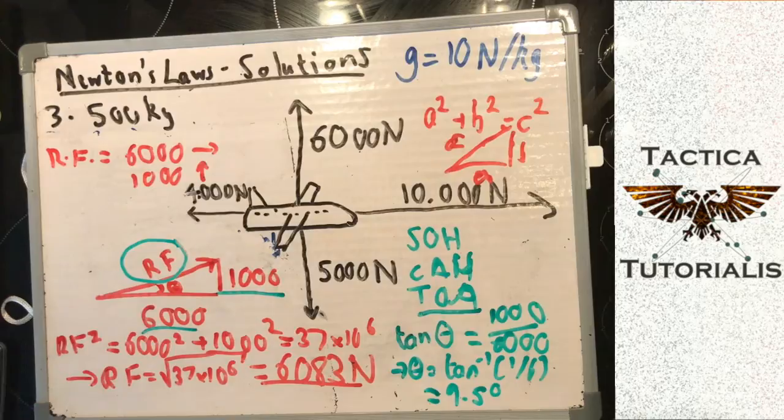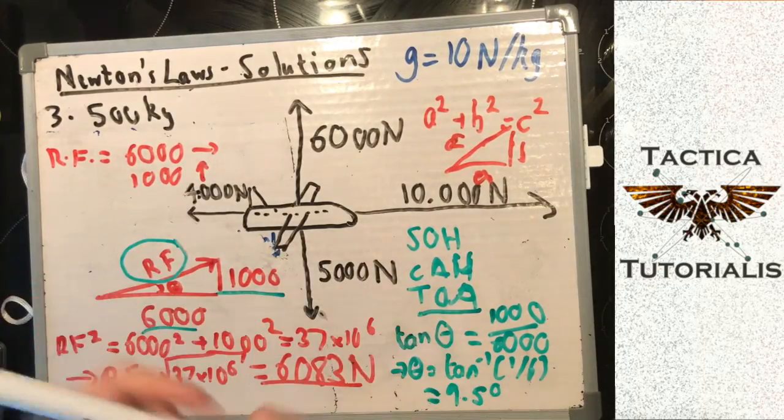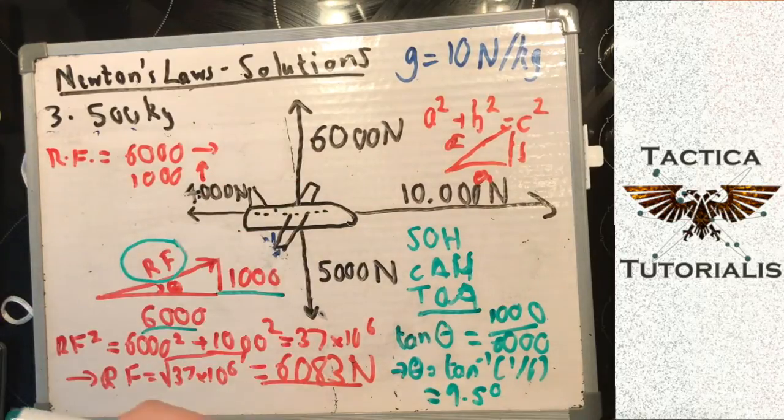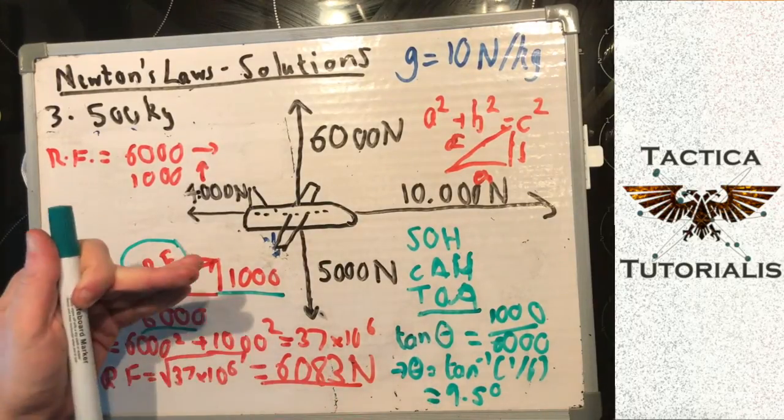So, what that tells us then is that our resultant force on the plane has a magnitude of 6,083 newtons at an angle of 9.5 degrees to the horizontal.